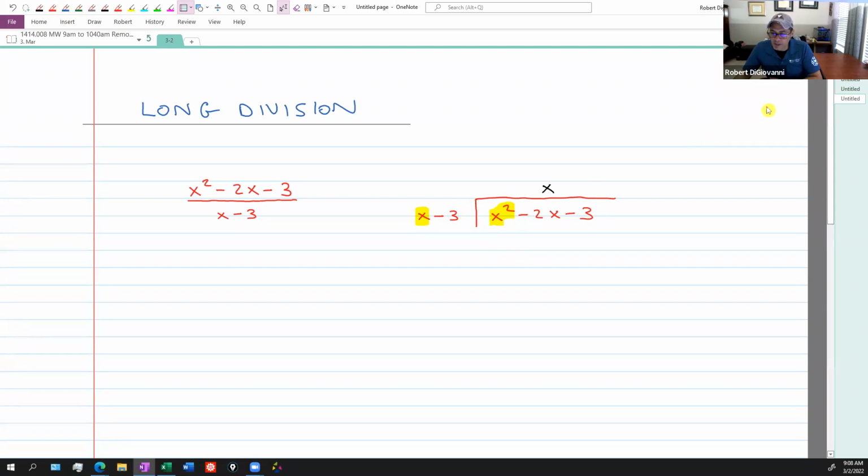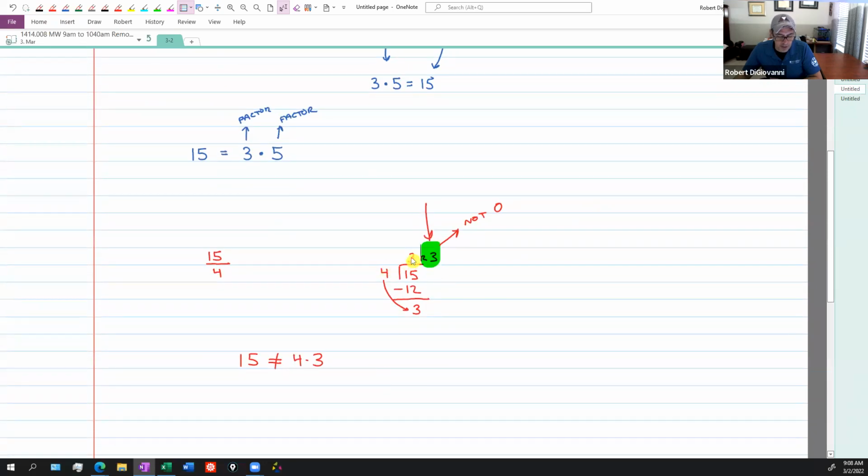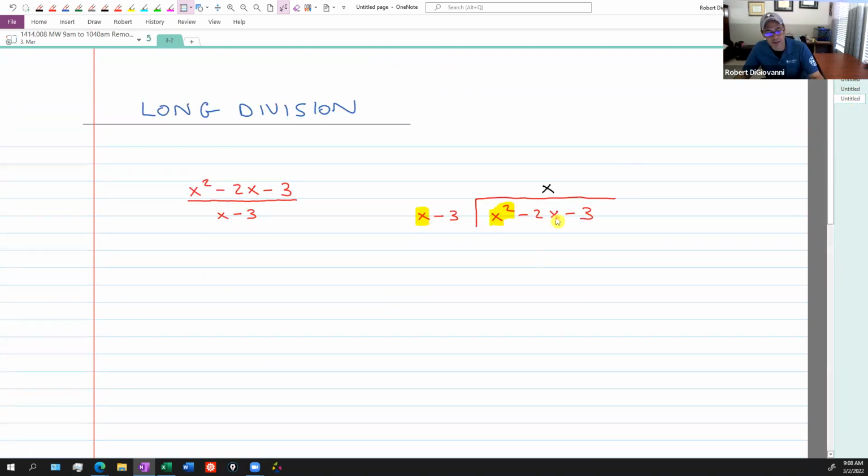Just like we did before, when we did 4 times 3, the next thing we did is multiply the 3 times the 4 and put that 12 underneath. We're going to do the same thing here. We're going to take this x and multiply it by this entire thing.